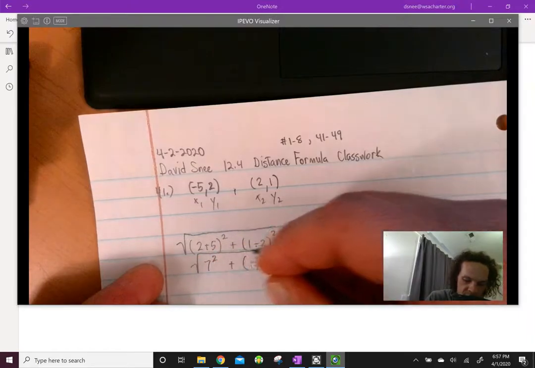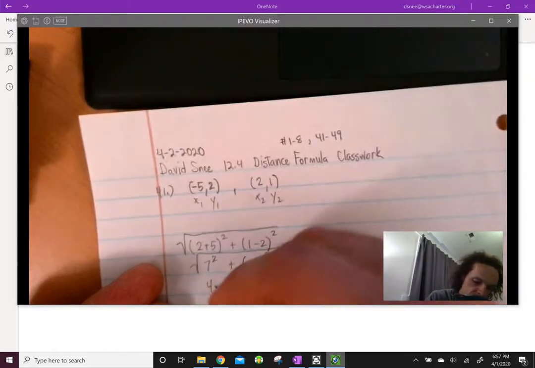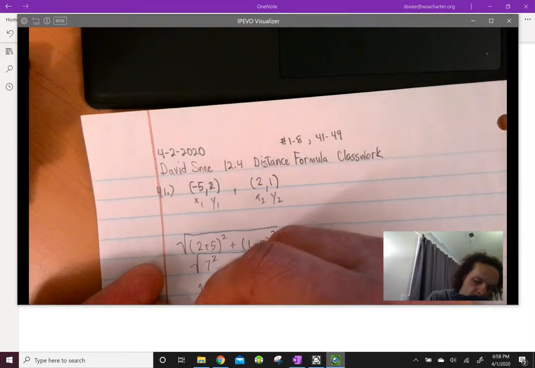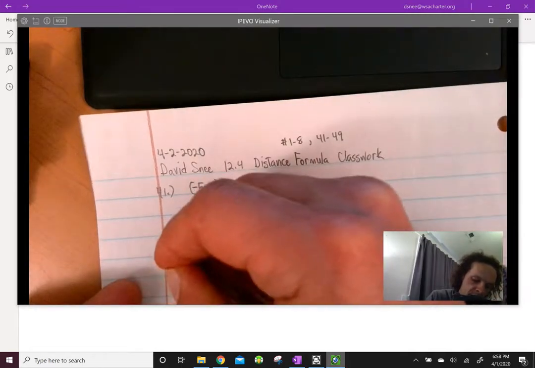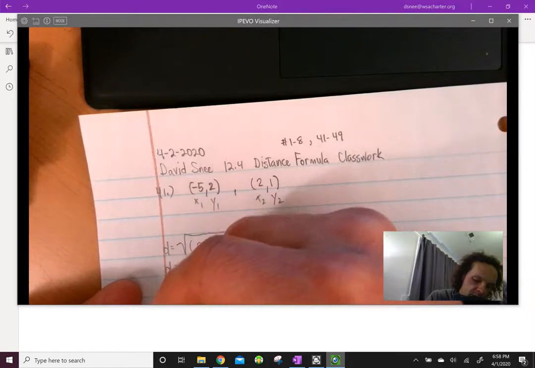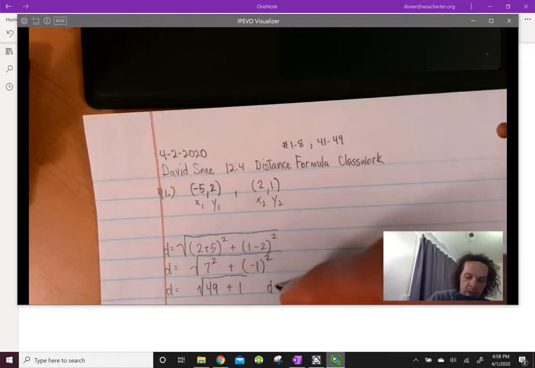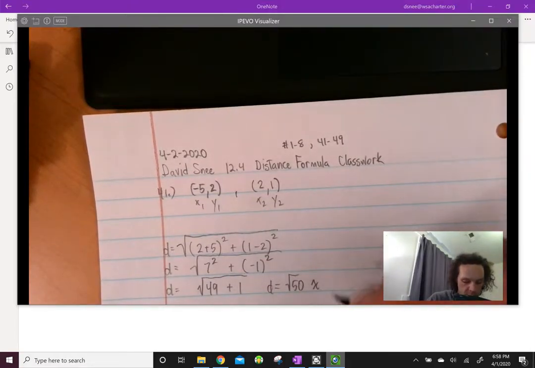I'm going to find the square root, and that's 49 plus 1. And so we've got the same thing here again. That's all we're doing. And that's number 41. D is equal to the square root of 50, which is approximately 7.1.